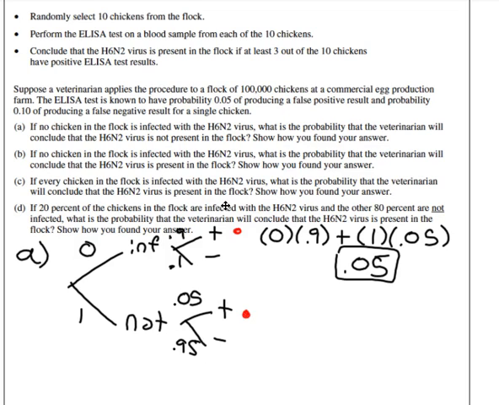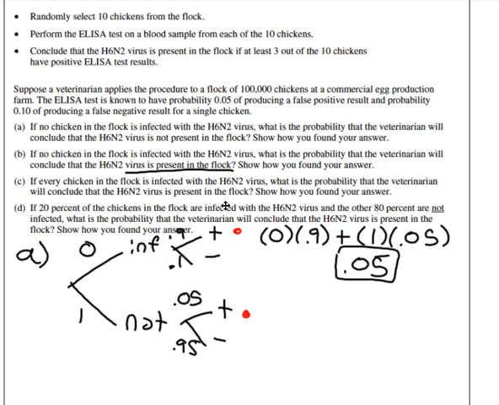So what we're looking for is for him to conclude the virus is not present, we want them to have the outcome in 2 or less chickens, right? It being present in 2 or less. Now, if you notice, doesn't this sound binomial, right? Counting successes out of a total.